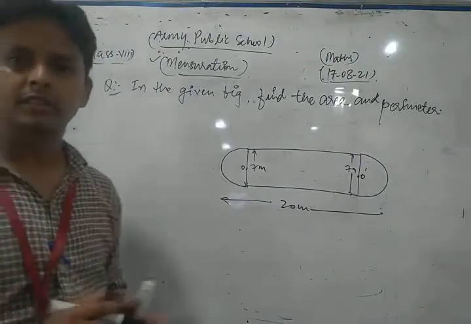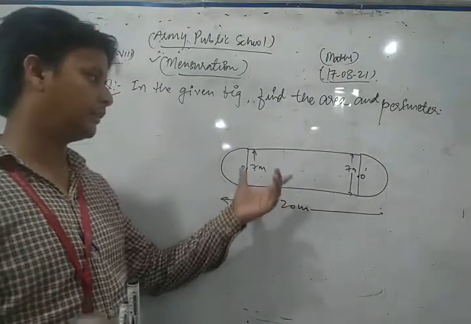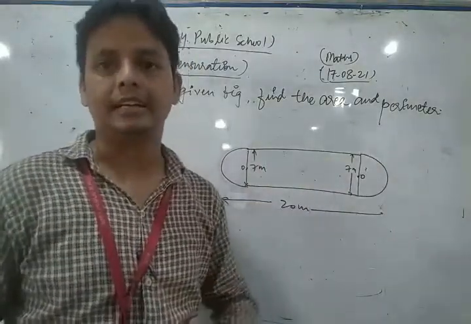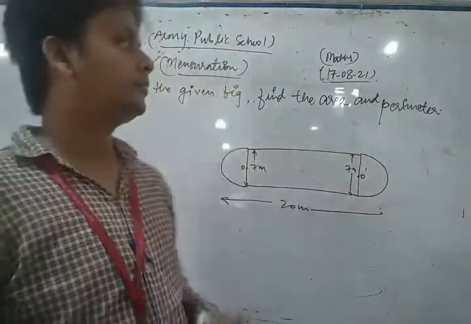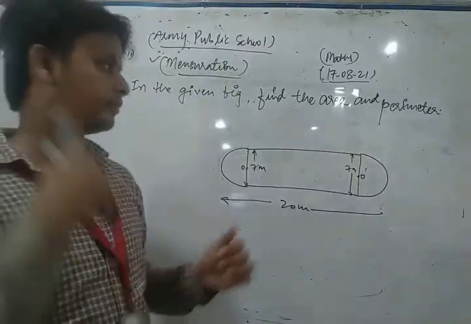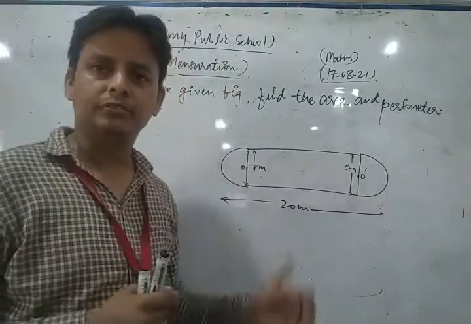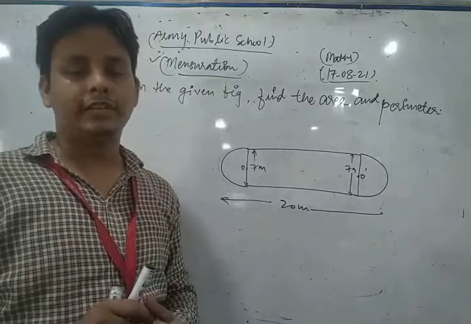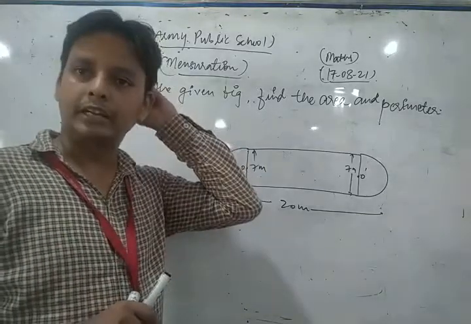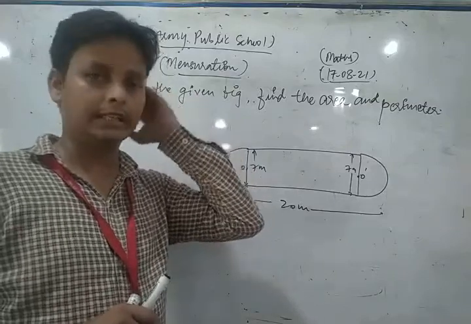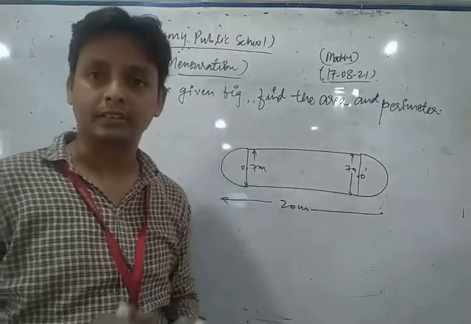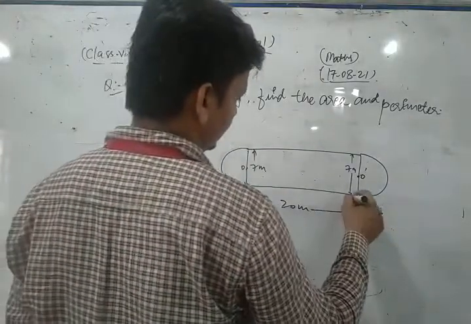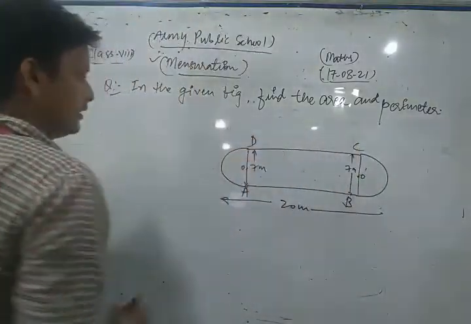For the given figure, this is in the form of a rectangle in the middle and semicircles at the ends. For that figure we find the area as well as the perimeter. For finding the area, first of all we find the area of each semicircle. Let us take ABCD as a rectangle.